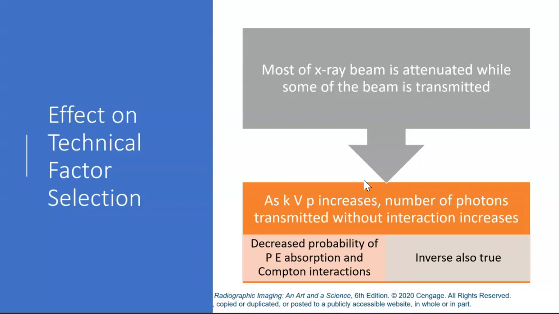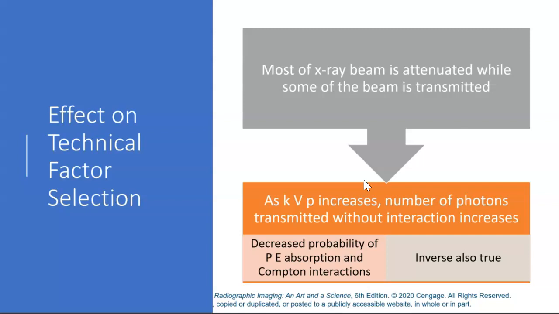There's a certain kVp value for the body. There's a max. Typically, we don't go above 125 kVp because everything is transmitted. There's no photoelectric absorption happening at that point. So as we increase our kVp, the number of transmitted photons without interaction increases. We want to find that happy medium.